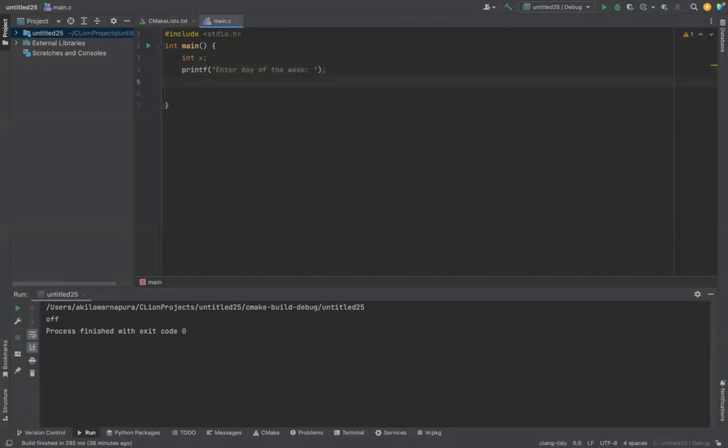Then you can write the scanf function, percentage d, and x. After that, you can provide if x equal 1. Here you can provide printf, Sunday, backslash n.